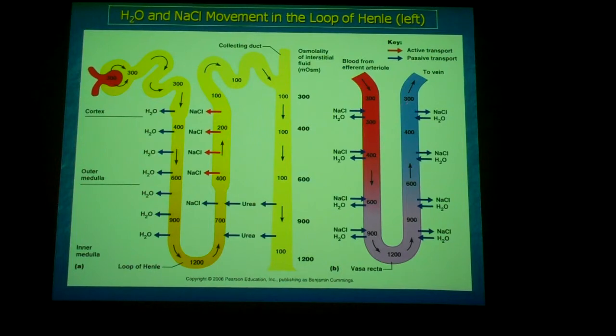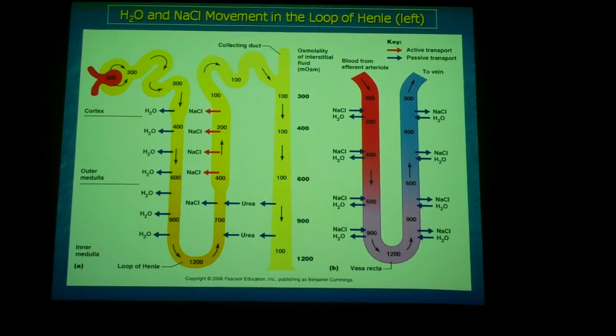So this maintains the solute concentration of blood stable. Can you imagine what would be going on in the body if our solute concentration was going through these extremes constantly like this in blood? It would be a mess. All right, so that's what the vasa recta does. It maintains a stable osmolality or solute concentration of the blood.